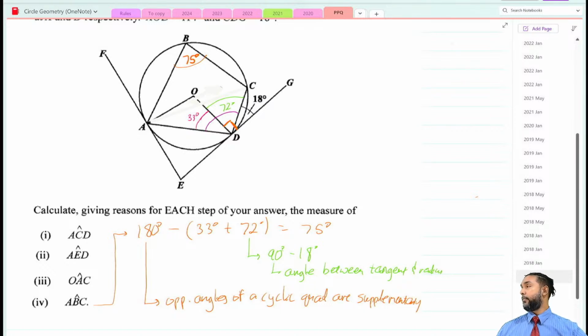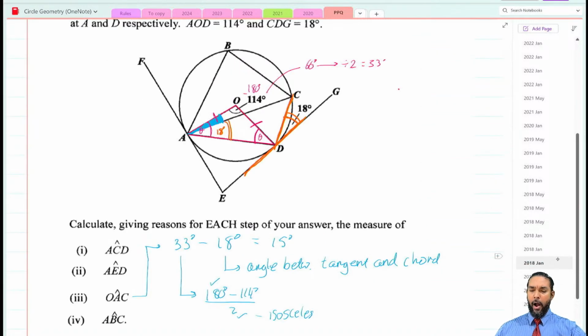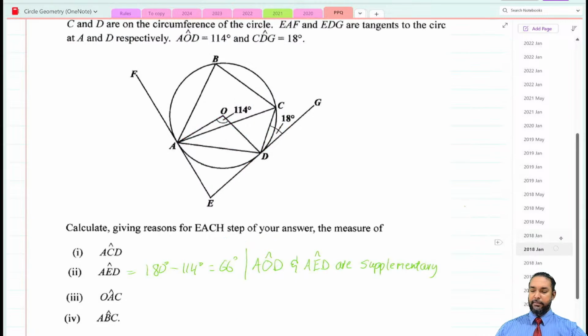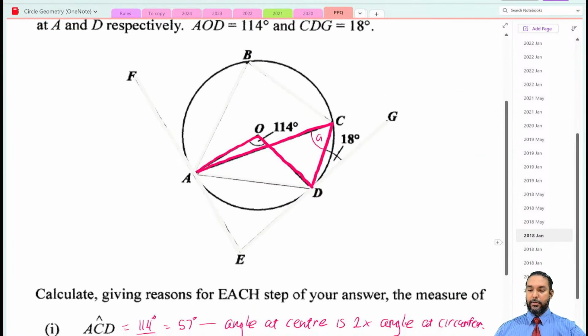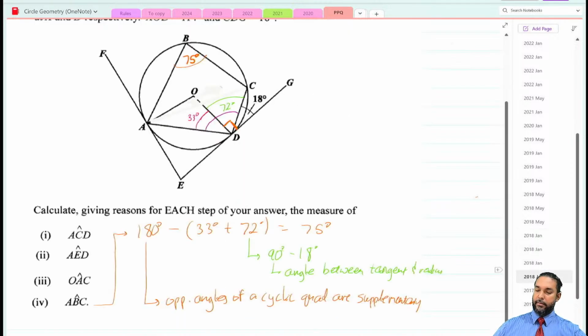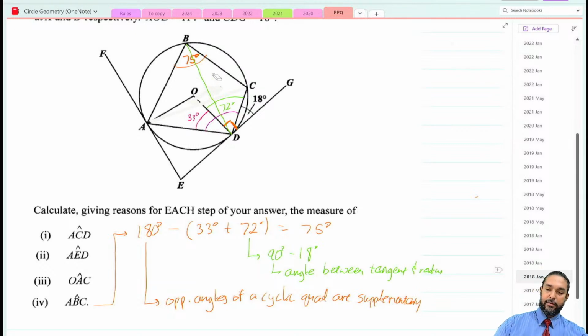Yeah, go ahead. Okay, so you can see when you did the angle at center is twice the angle at circumference. How come that didn't work out for B? Because you'd have to, hold on, you'd have to have a line going like this.